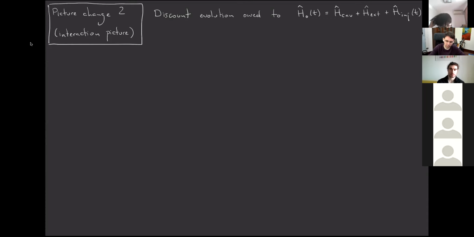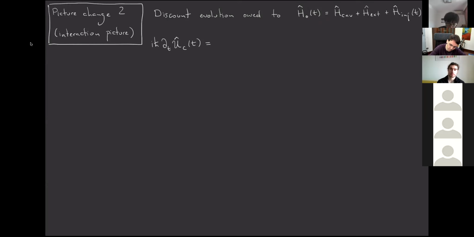So this means that we are going to use a unitary transformation to move to the new picture that needs to be the solution of the evolution generated by this time-dependent Hamiltonian. So let me write down what this means.